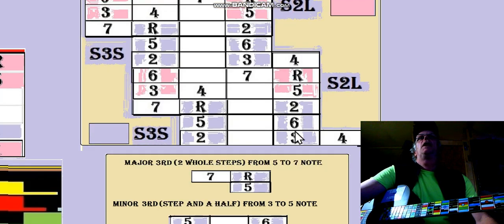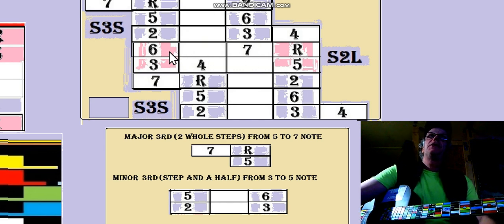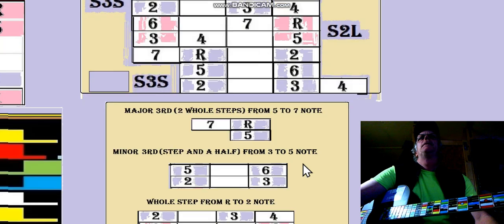Now, why is that? Because there's an interval involved. The interval from the 5 to the 6 is a whole step, because every fret is a half step. So there is a half step between 3 and 4, and a whole step between 4 and 5. When we go from the 5 to the 6, that is a whole step.